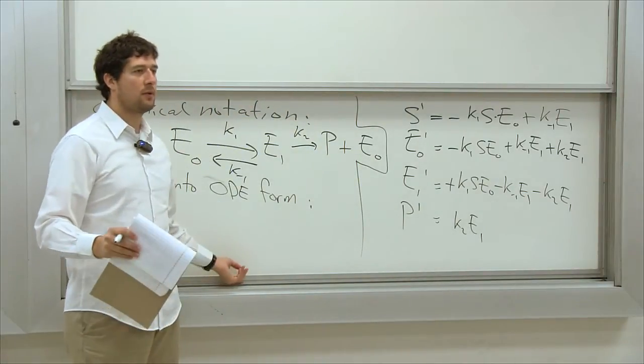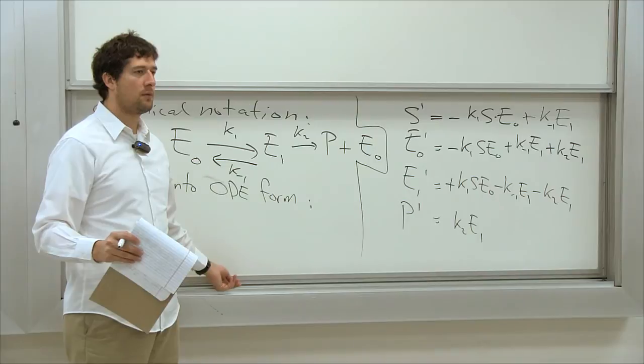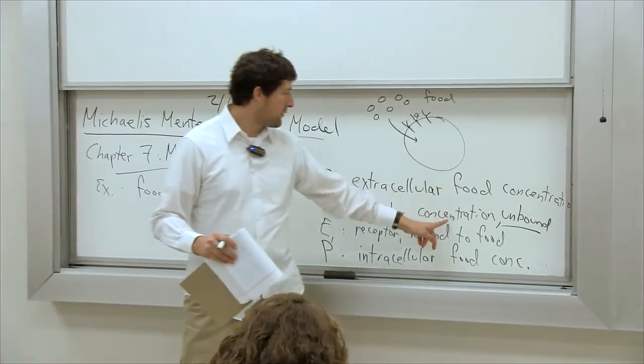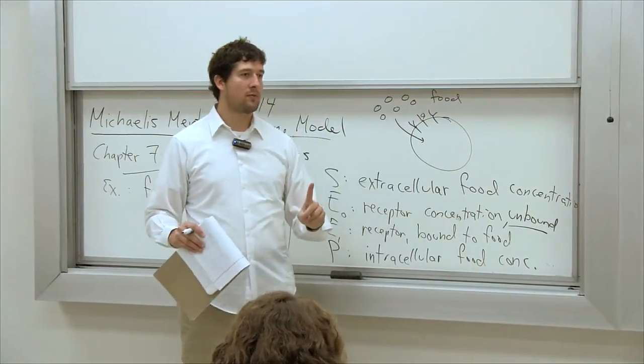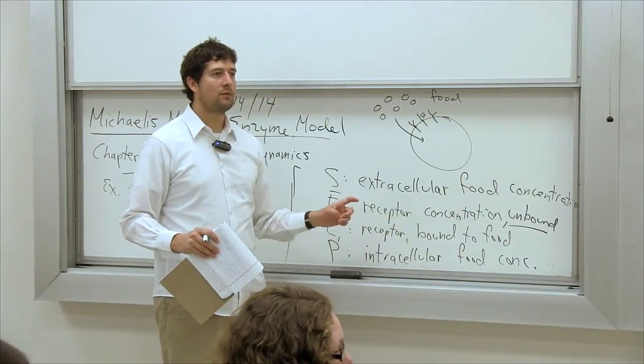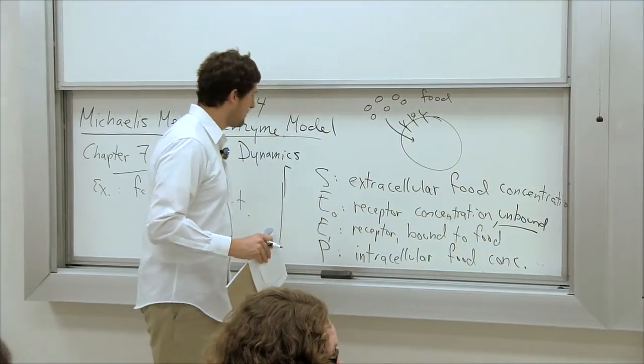Question, Wilson. Is the E0 and E1 supposed to denote when it has one and it doesn't have one? Correct. That's the definition, right? E0 is the receptor concentration, but only the unbound receptor, and E1 is the concentration of the receptor that is bound to food.